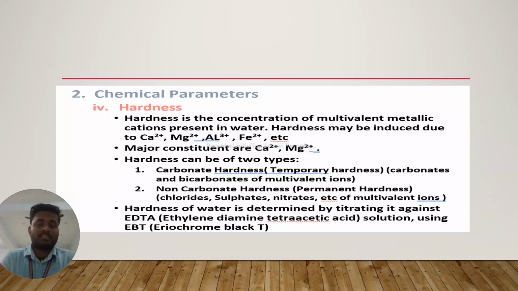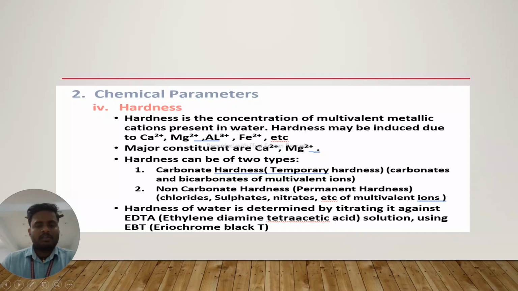So what is the difference between temporary hardness and permanent hardness? Temporary hardness is also known as carbonate hardness, and non-carbonate hardness is known as permanent hardness. Temporary hardness we can remove by normal boiling of water, but permanent hardness we can't, right?